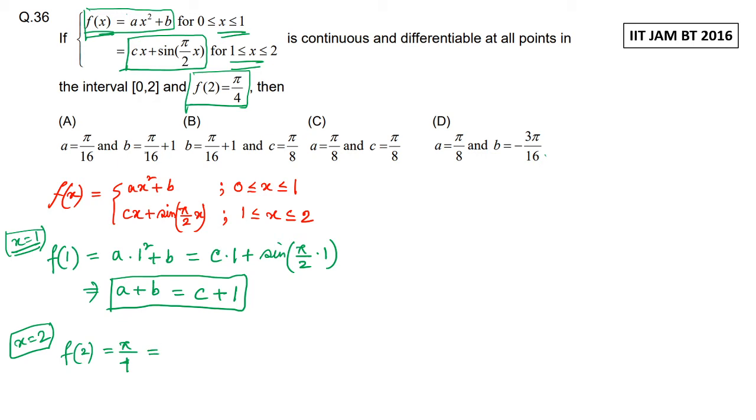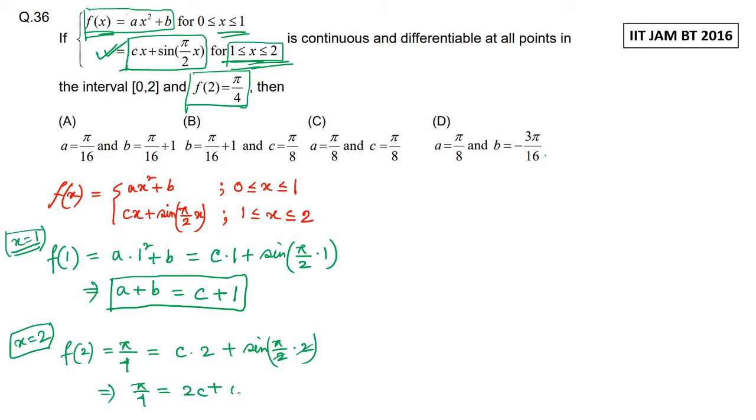So let us put x equal to 2 in this expression. Why? Because this expression is valid for 1 less than equal x less than equal 2. In the range 1 to 2 it is valid. So we can put c into 2 plus sine pi by 2 into 2. So this 2 cancels out and we get pi by 4 equal to 2c plus sine pi.